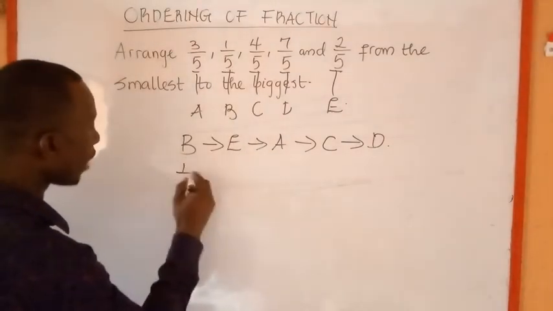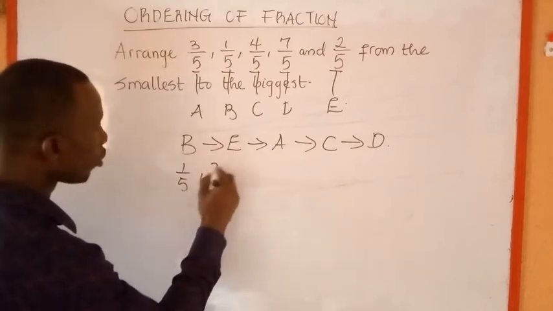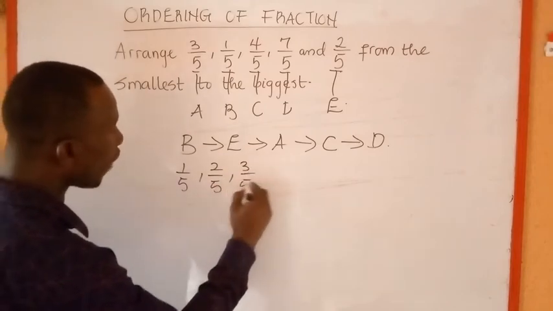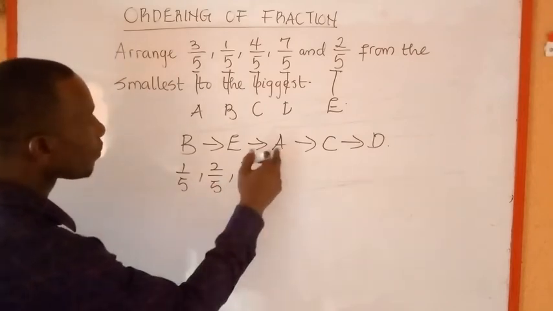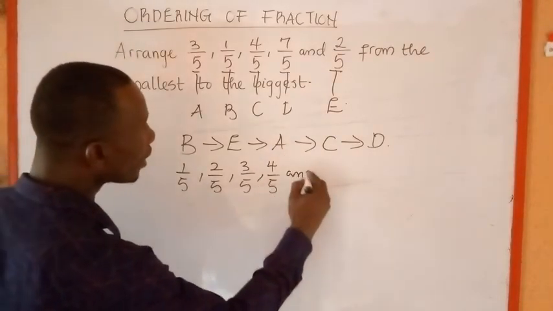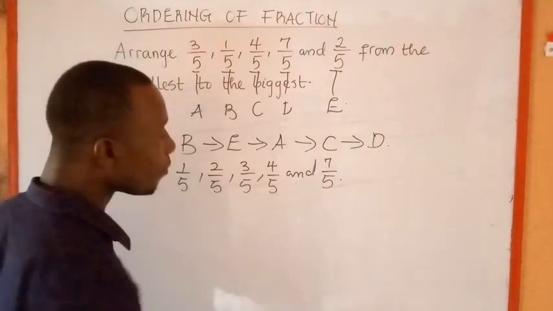Fraction B is 1 over 5, followed by fraction E, which is 2 over 5, followed by fraction A, which is 3 over 5, followed by fraction C, which is 4 over 5, and fraction D, which is 7 over 5.